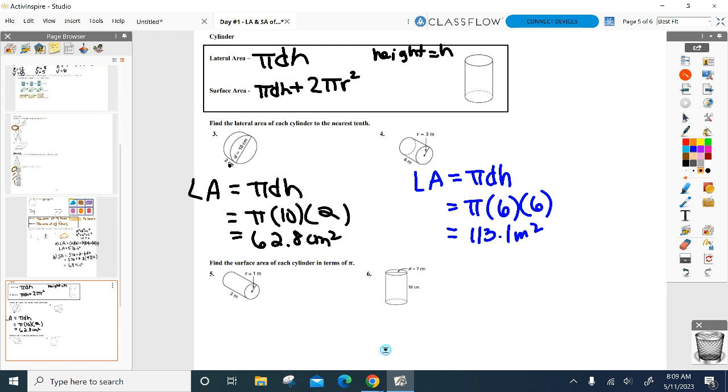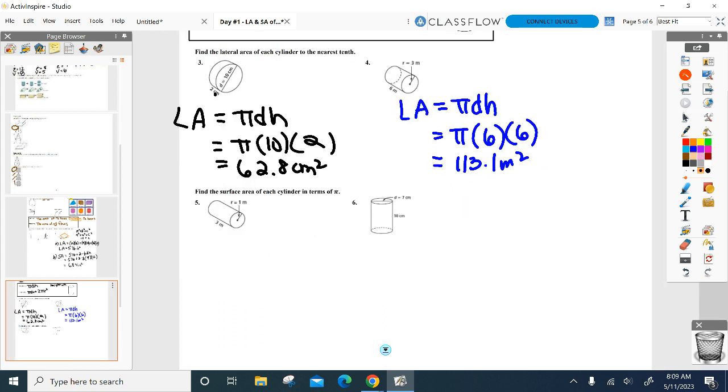All right, ready to go surface area now. Okay, number 5, surface area. Pi dh plus 2 pi r squared, the two circles. What's everyone plugging in for diameter?